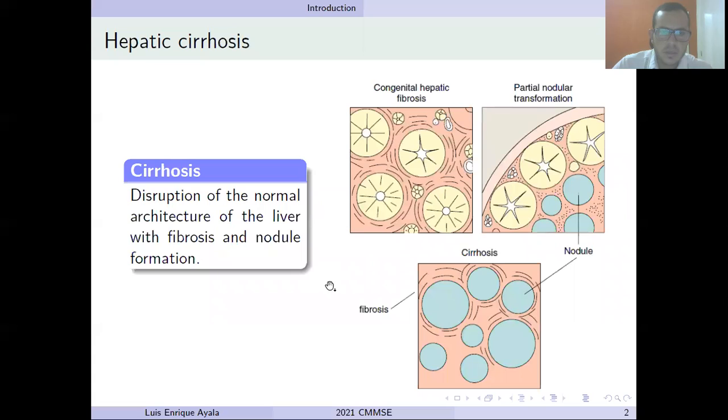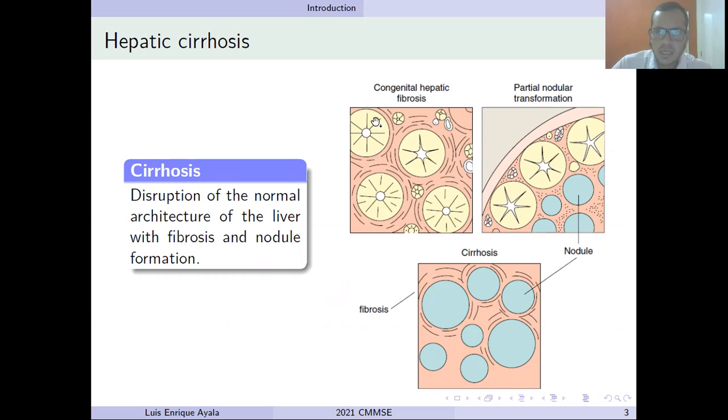Introduction. Cirrhosis is defined as a disruption of the normal architecture of the liver with fibrosis and nodule formation. It is the end result of chronic liver injury.